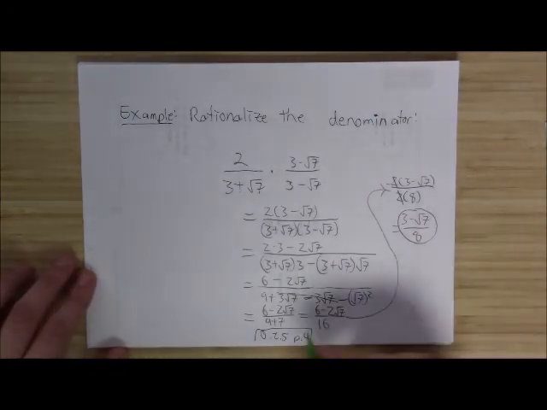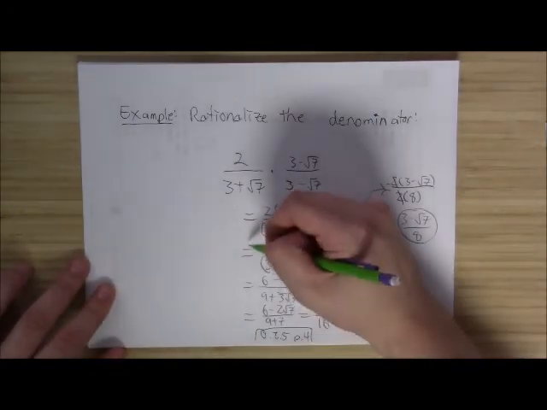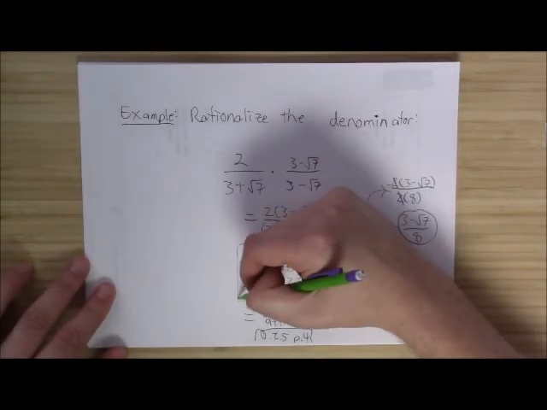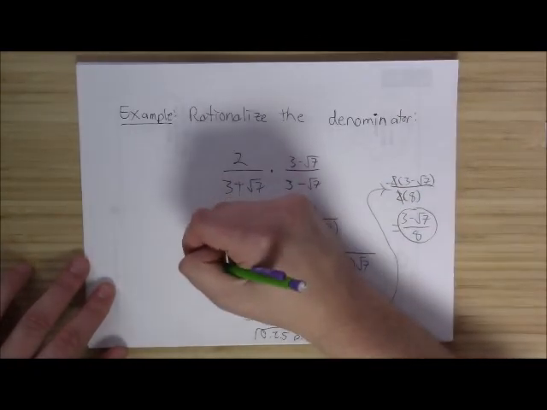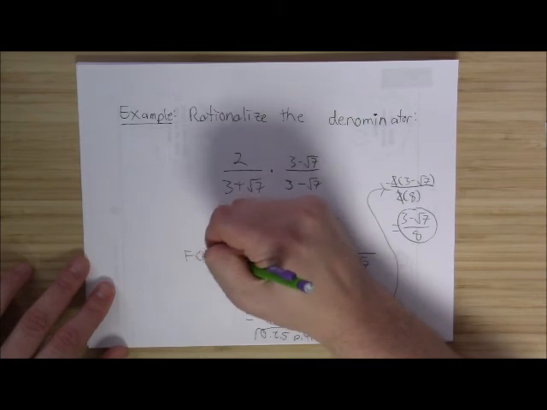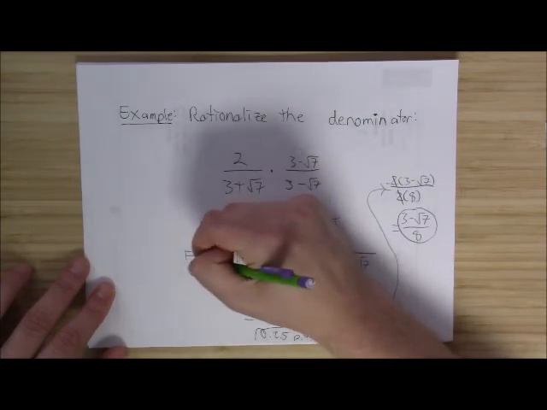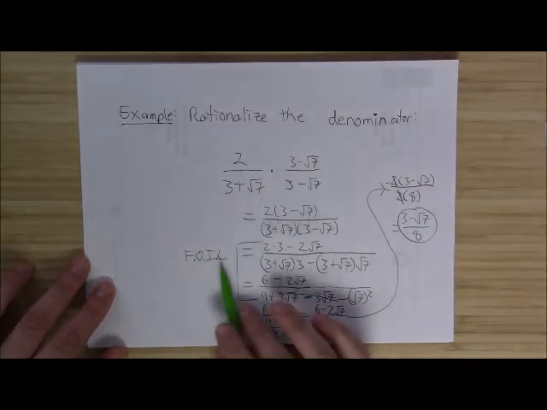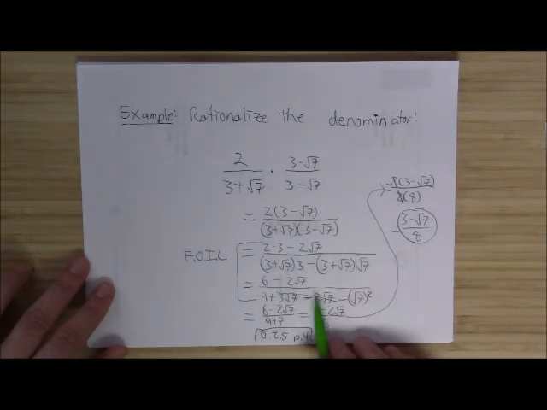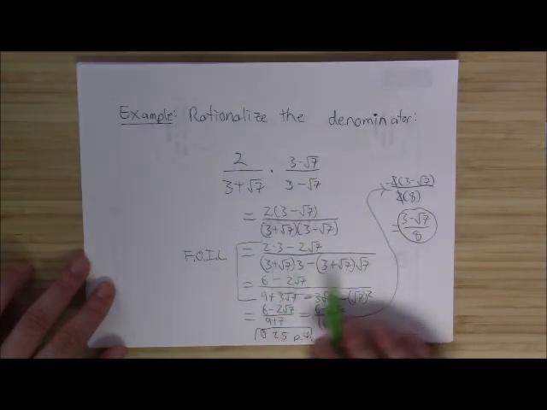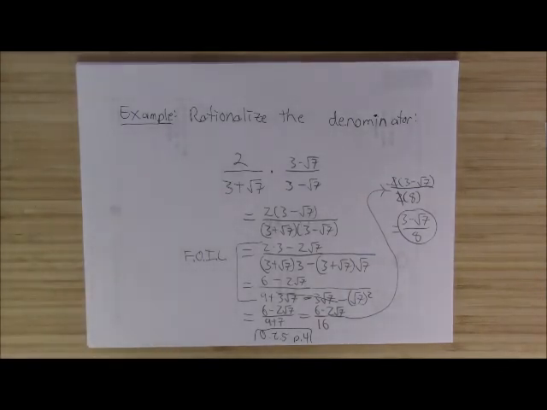As an additional side note, this process that we did through here of using the distributive property twice, you probably remember this better as foiling, F-O-I-L. We'll talk a bit more about that in a coming section, but for now, just think of it as the distributive property.